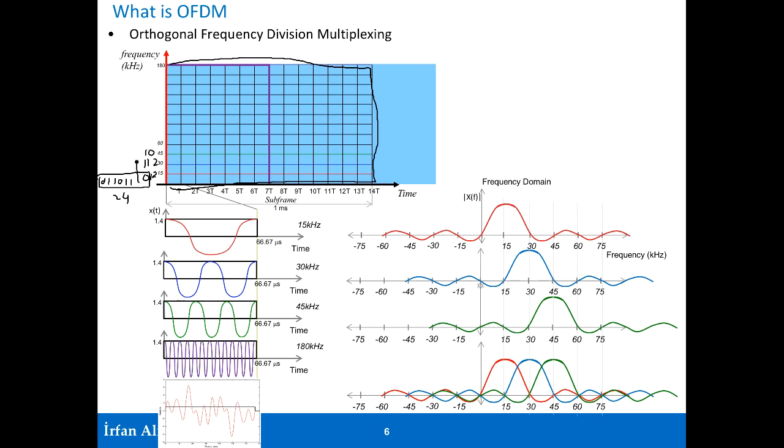You take this serial stream of 24 bits and put it into a parallel structure over here, and then with 2 bits into each of these frequencies, you multiply it by the frequency, you add the frequencies, and you send this OFDM symbol. That's what you are doing for each mobile.